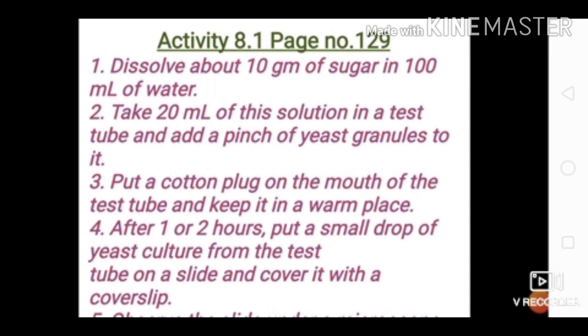After 1 or 2 hours, put a small drop of yeast culture from the test tube on a slide and cover it with a cover slip. After this, you will observe it under the microscope. But as just now we can't have this activity, so I am going to share a video for this where you can see how this activity is conducted.